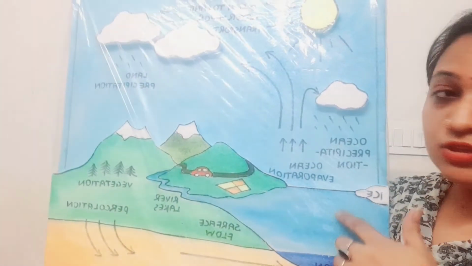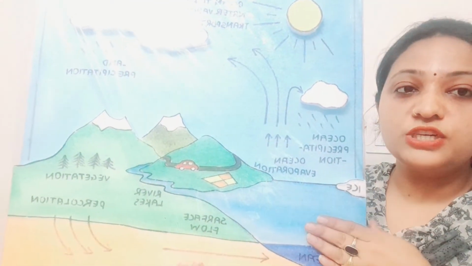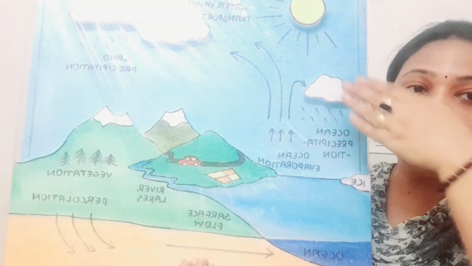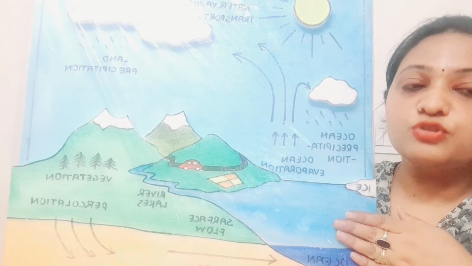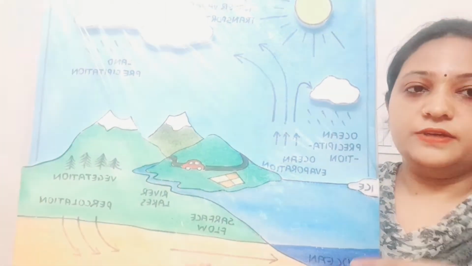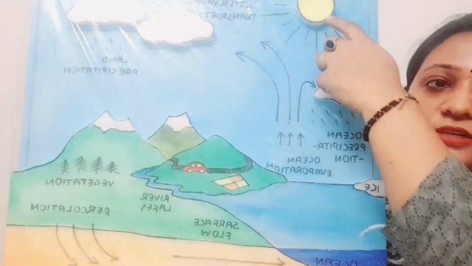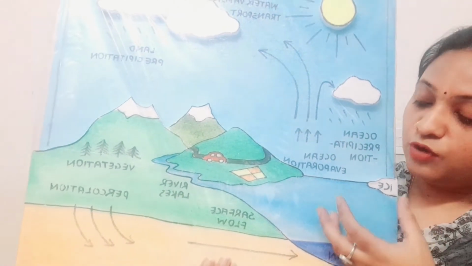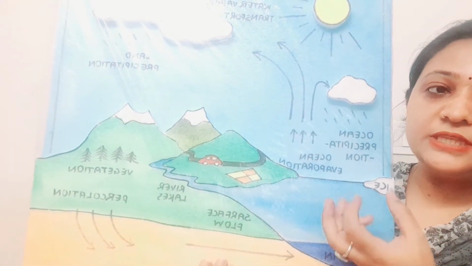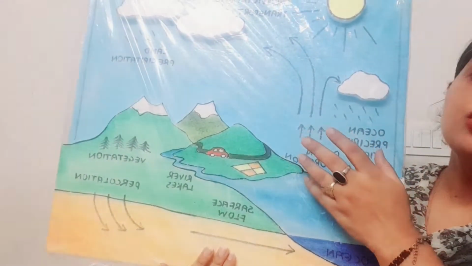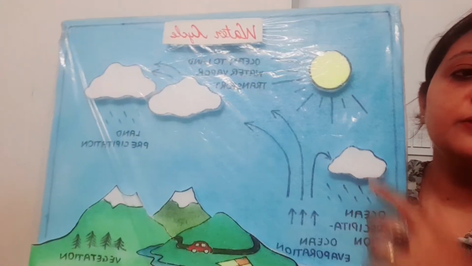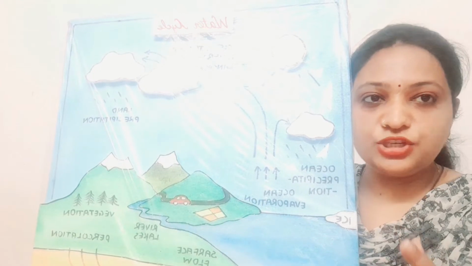The first step is evaporation, where water converts into water vapor, going from the hydrosphere to the atmosphere. When sunlight falls, the water in the ocean absorbs the heat, rises up and makes water vapor. This is the first step, where evaporation takes place.